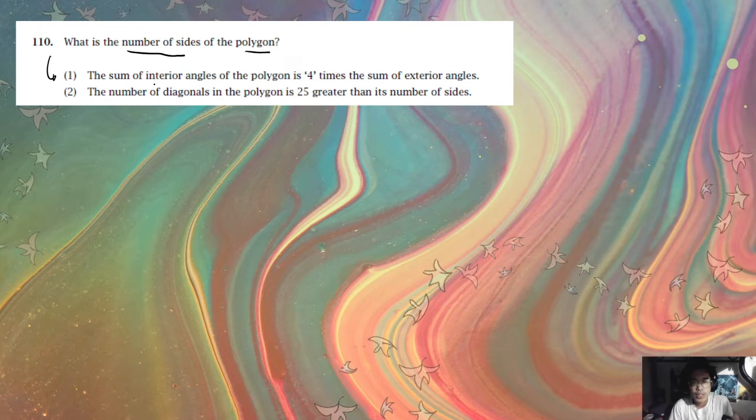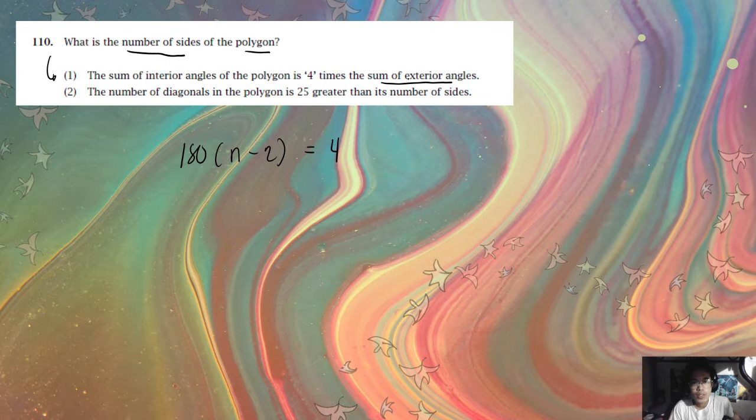For the first one, the sum of the interior angles of the polygon is 4 times the sum of the exterior angles. Now, we know that the sum of the interior angles of a polygon is equal to 180 times n minus 2. And it says here it's equal to 4 times the sum of the exterior angles.